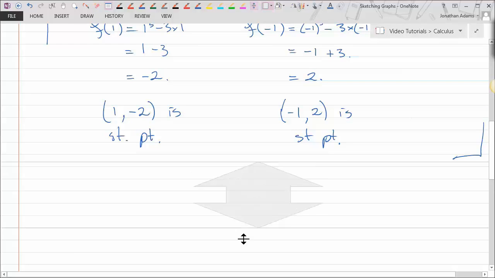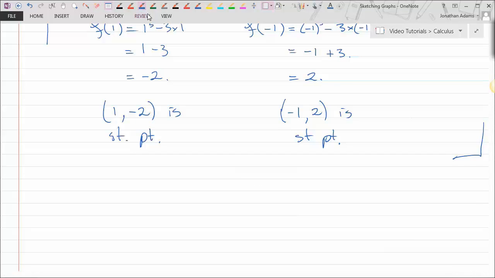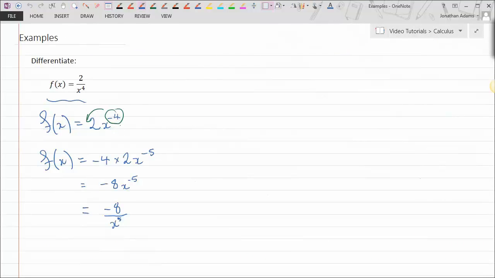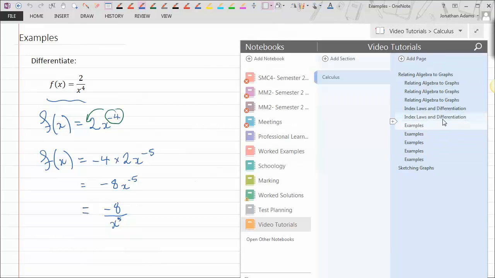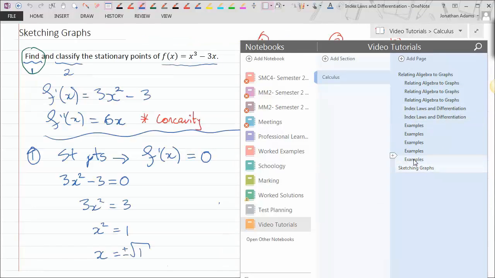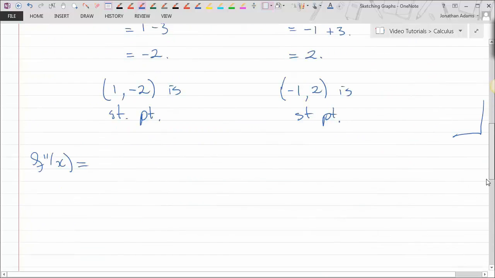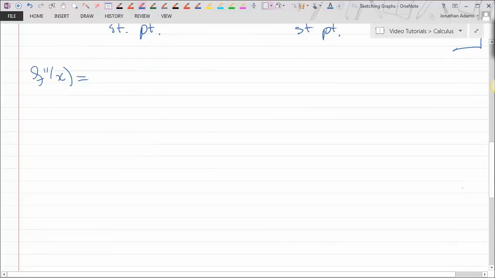So remember, our second derivative is equal to 6x.